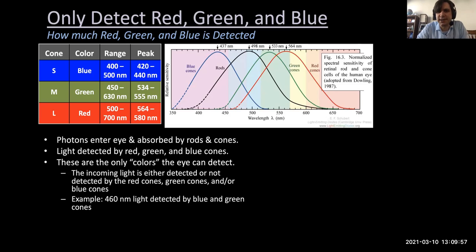If we send in, say, a shorter wavelength green photon, sort of a cyanish photon, then we're going to get a little bit of red, a little bit of green, and a little bit of blue activation. So we have all of these coming in, and we get some balance of, hey, we're detecting this number of green photons, this number of blue photons, this number of red photons. We can put that balance of how many of each photon we're seeing into what's called a tristimulus value.